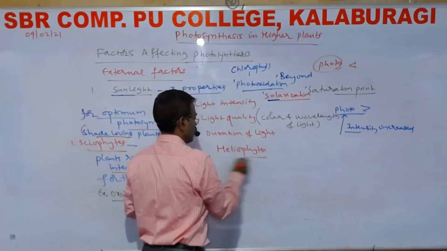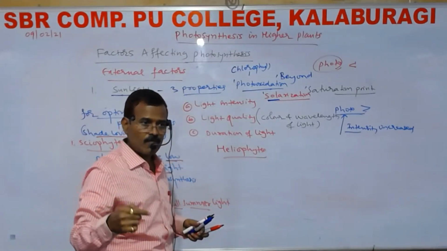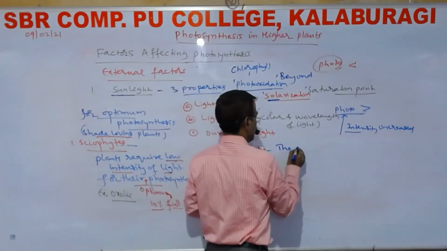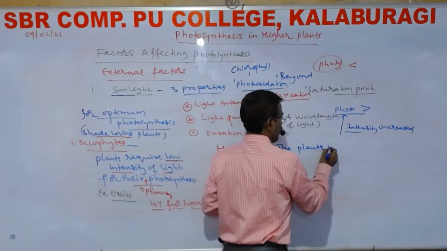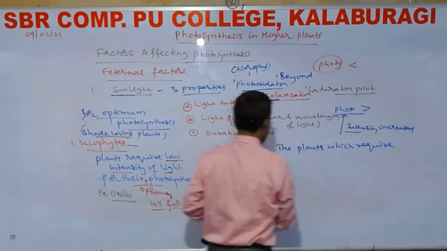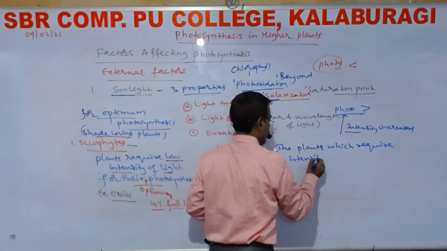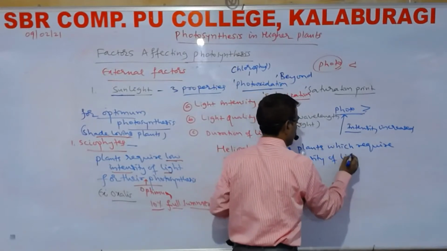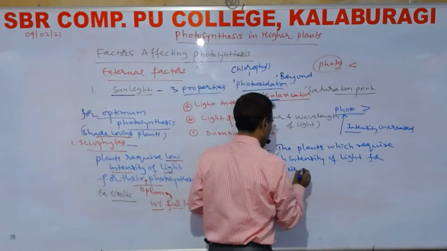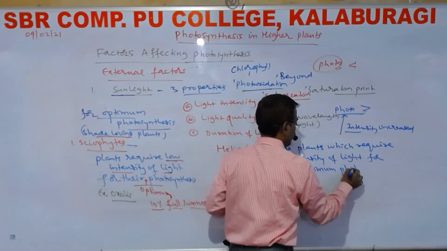Heliophytes are the plants which require high intensity of light for their optimum photosynthesis.